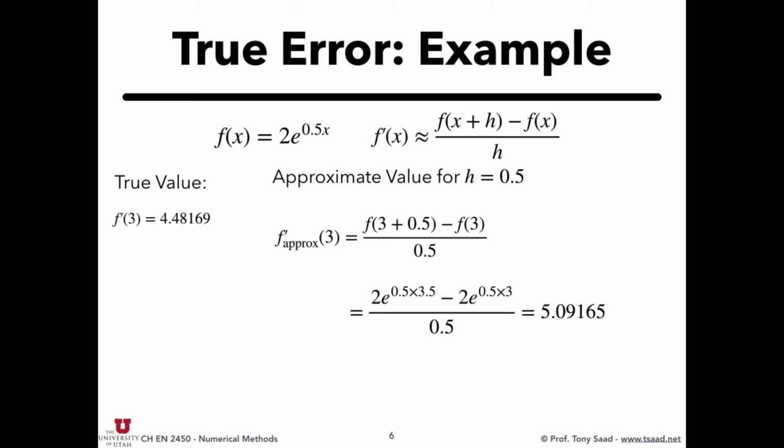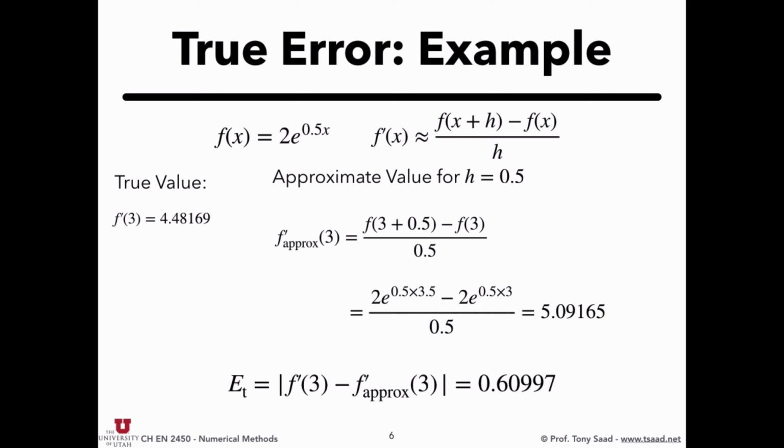Then you just plug in the numbers. Just do it in a calculator. You can do this in Python if you want, or just on your hand calculator. And now you have the approximate value, f prime approximate at 3 using h equals 0.5, and you can calculate the error, and you get 0.60997. Okay, whatever that value means, we'll criticize this value in a second.